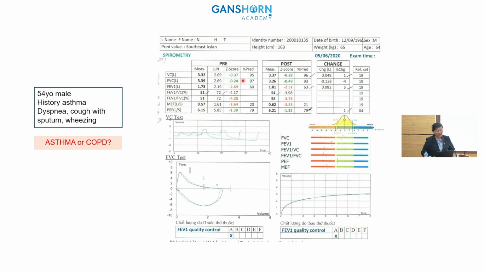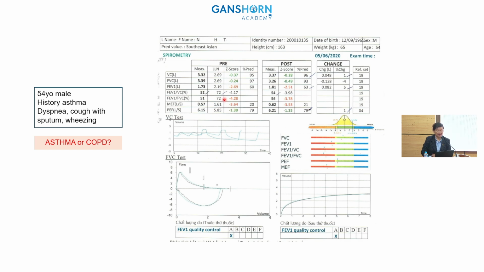Normal. Yes, there is no restriction. And how about the ratio? The ratio, FEV1 per FVC, is lower than LLN, the lower limit of normal.